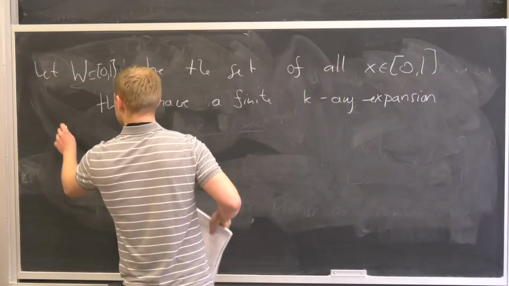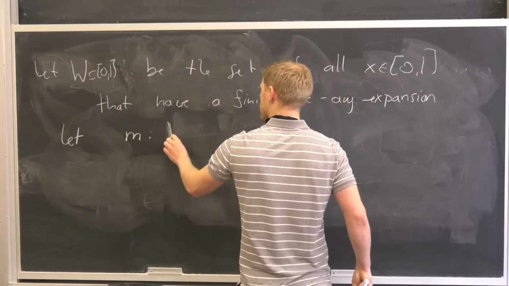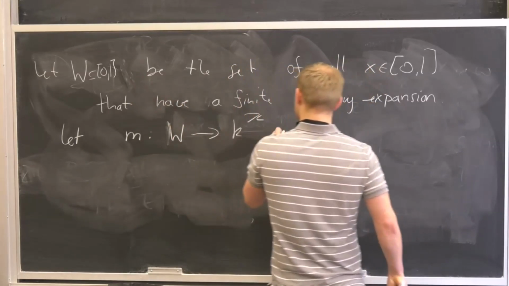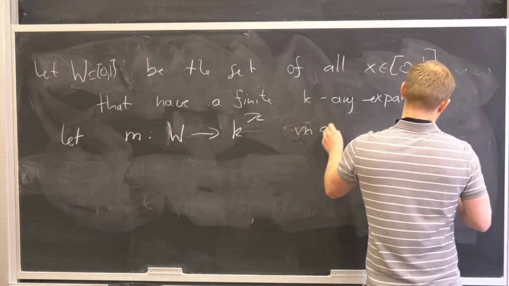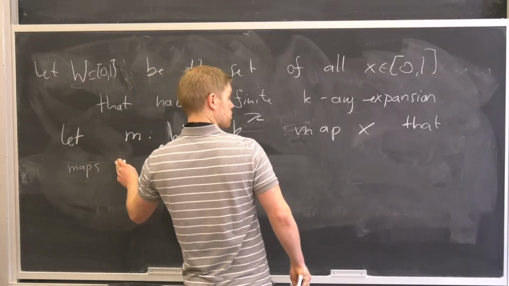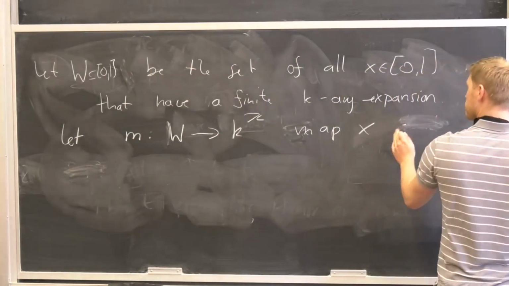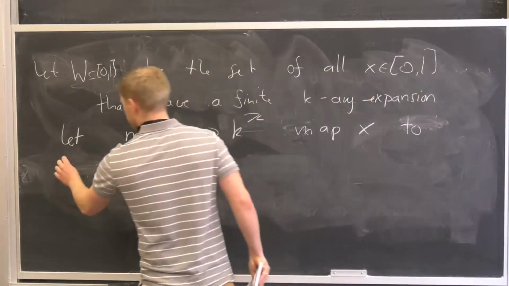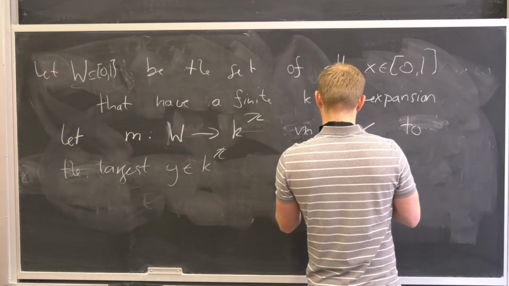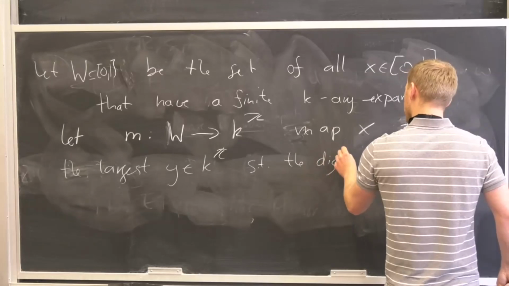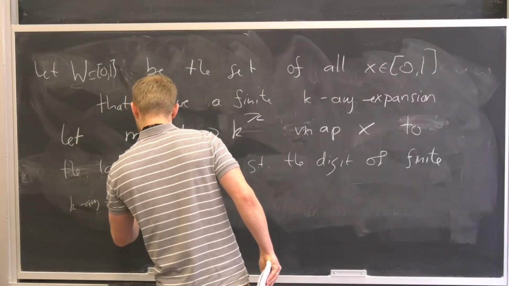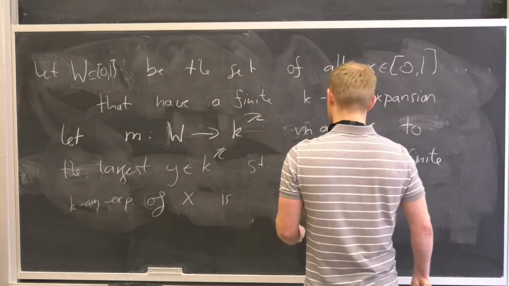So now let M be a function from W to k to the z, such that it maps x to the largest y in k to the z such that the digit of the finite k-ary expansion of x is 1.